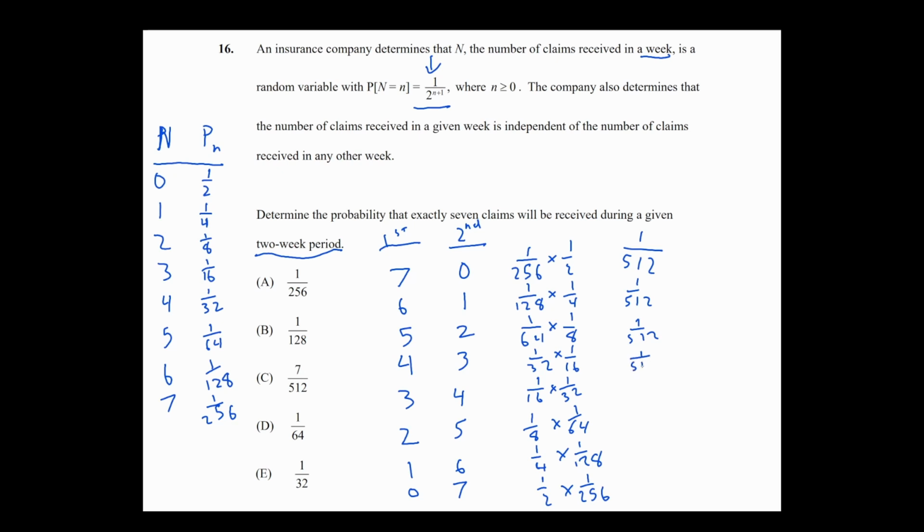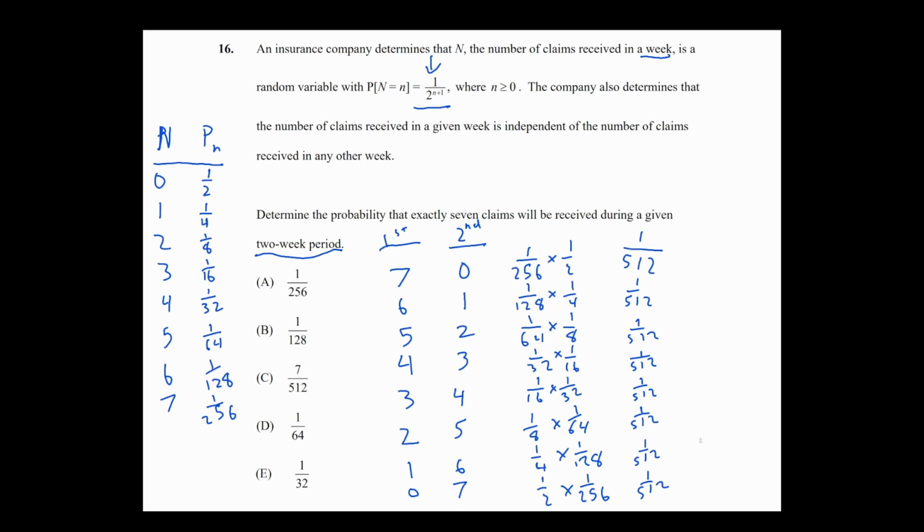And it's just going to continue on. So as you can see, we have 1 over 512 for every single possibility.